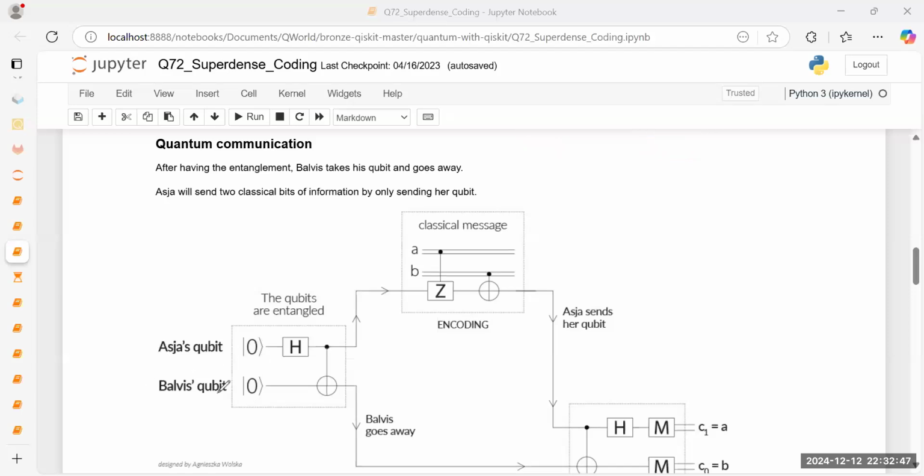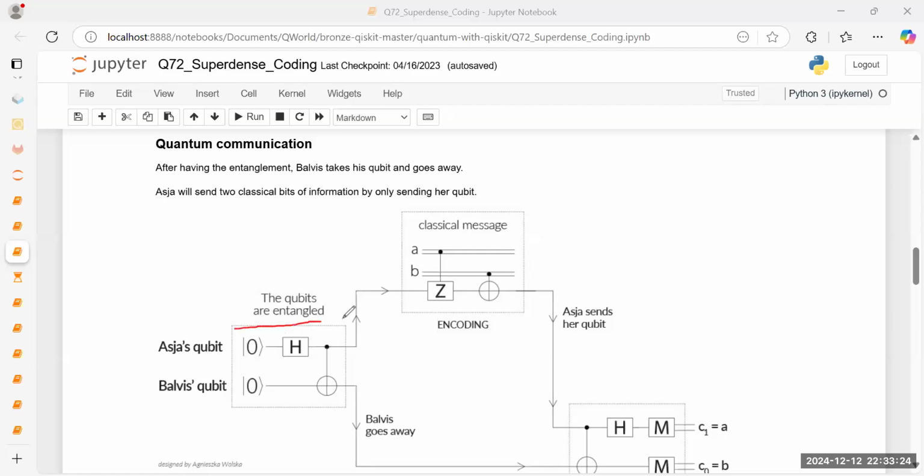We have Asja and Balbis, and they are working together in some lab, and they create an entangled pair. This is how we create the entangled pair. In the case of our coins, we know that the Hadamard is a fair coin source for a quantum coin. Then we have the CNOT operator here, which we made use of to create correlation earlier.